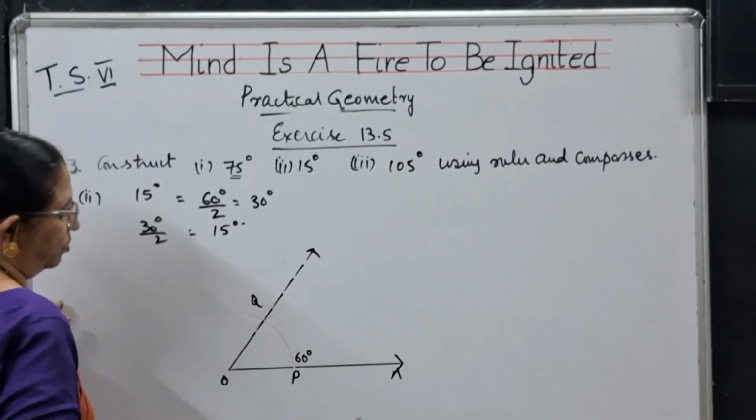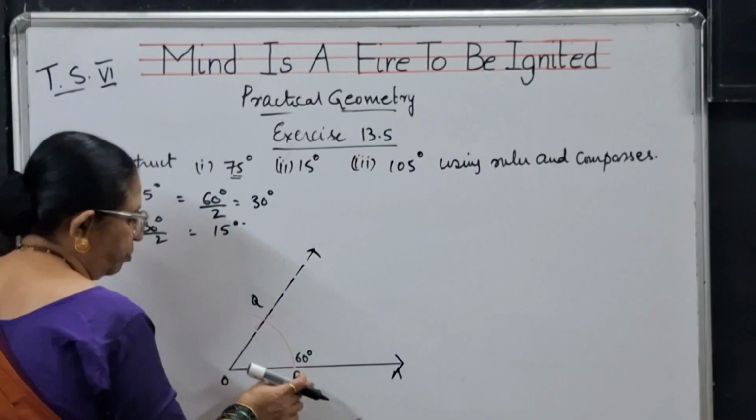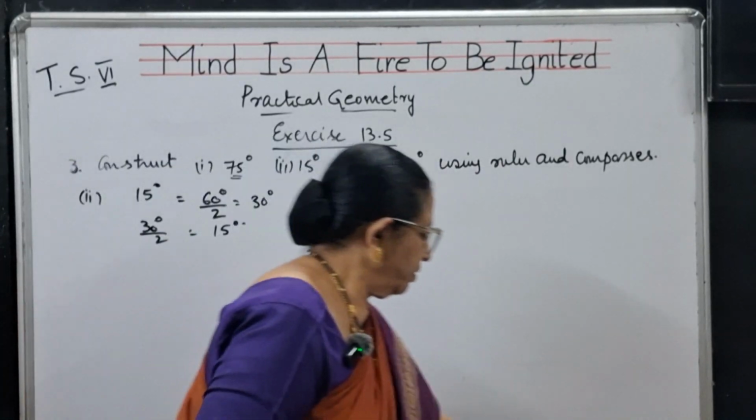Now what I need to do? First I have to bisect this 60 degrees.